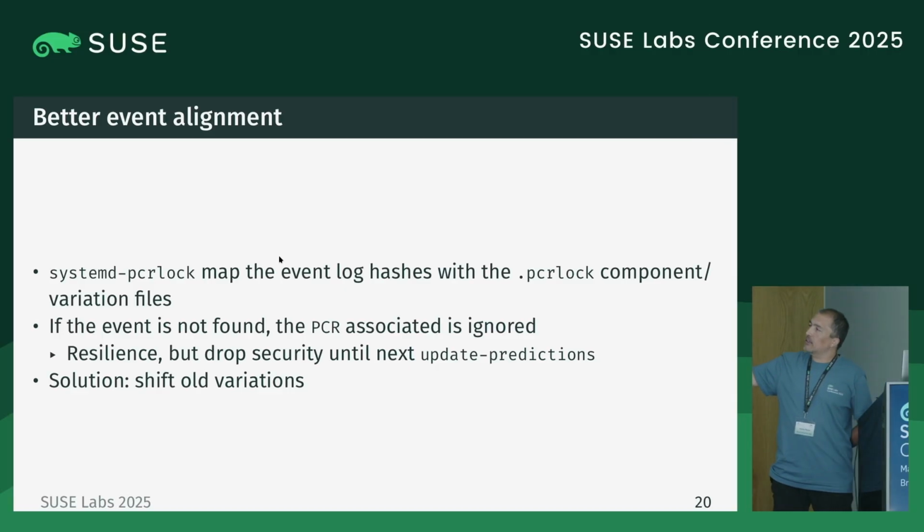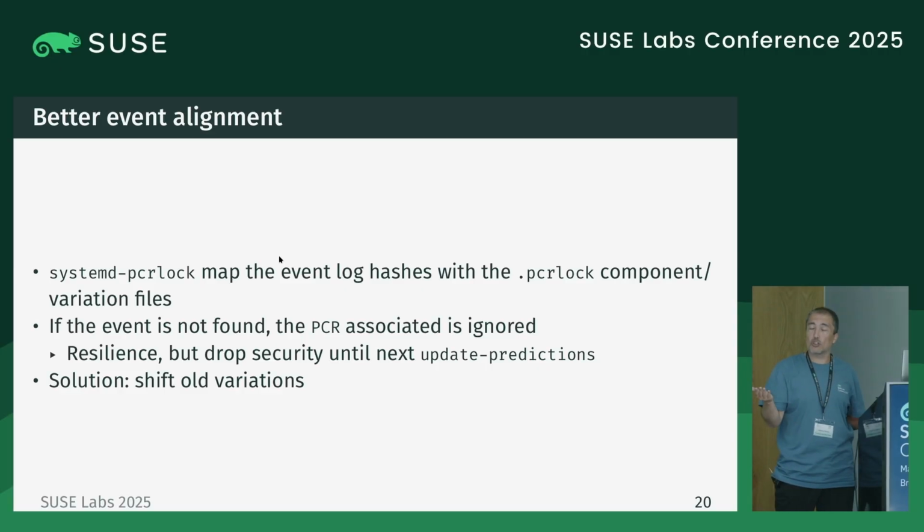Another change that we did is basically making a change to have a better, more secure experience with automatic updates. Basically, how pcr-log works is that it is parsing the event log, and if one of the hashes in the event log is not found in one of the components that we have in our system, this PCR is ignored.